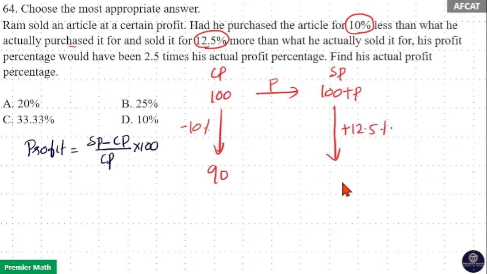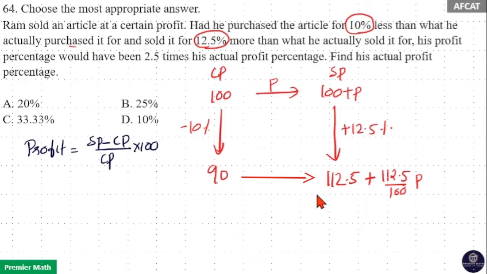Then 100 plus 12.5 is 112.5, plus P plus 12.5% of P, which is equal to 112.5% of P.